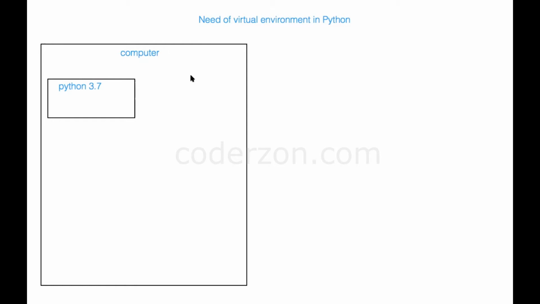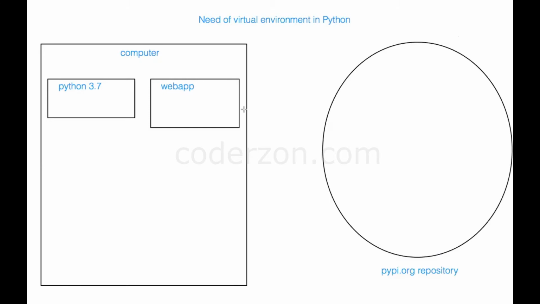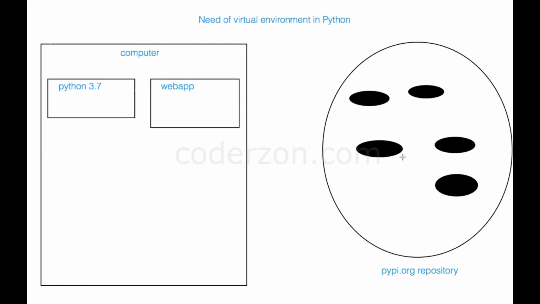Next, we have to create a folder for keeping our project files. We create a folder named, maybe, web app. Generally, when we work with a Python project, we need to use packages that are already available in the PyPI repository. PyPI.org hosts a lot of Python packages on the internet that we can use in our project.